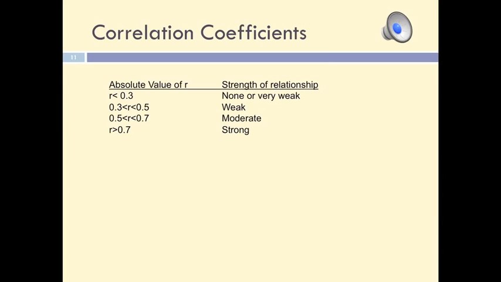Values between 0.3 and 0.5 show a weak relationship. Values between 0.5 and 0.7 indicate a moderate relationship, and values larger than 0.7 show a strong relationship. These are just rules of thumb, they're not set in stone. The interpretation of correlation coefficients may depend on other factors, such as sample size, the area of research, and so on.